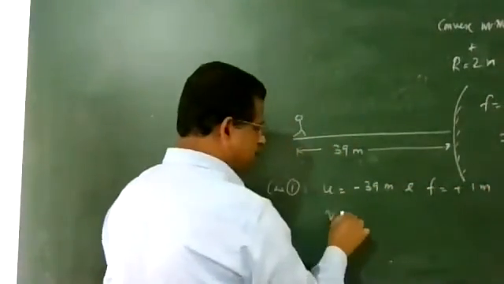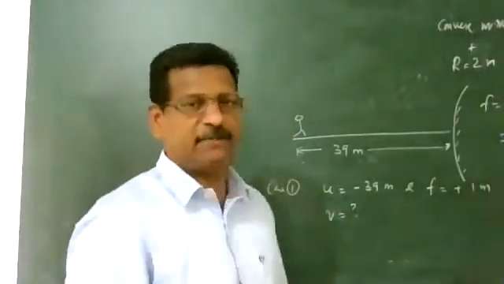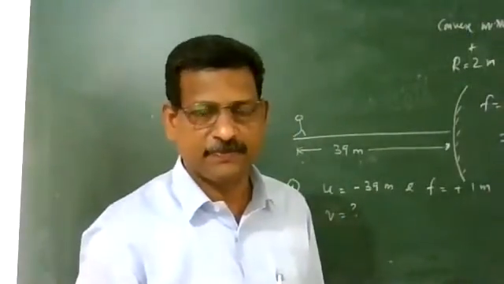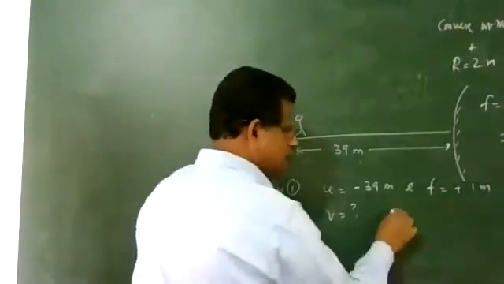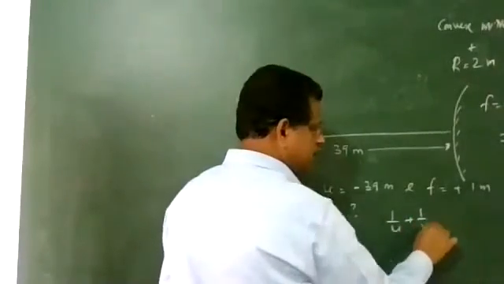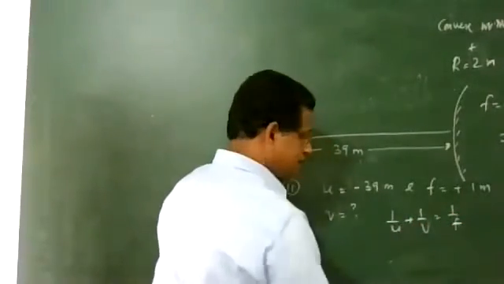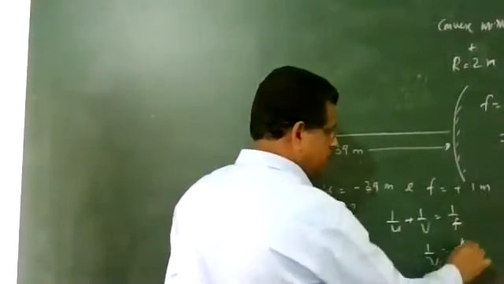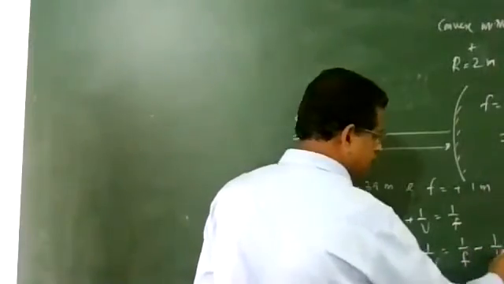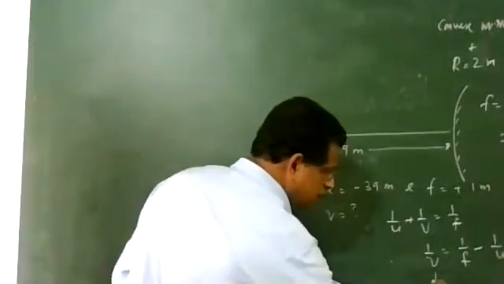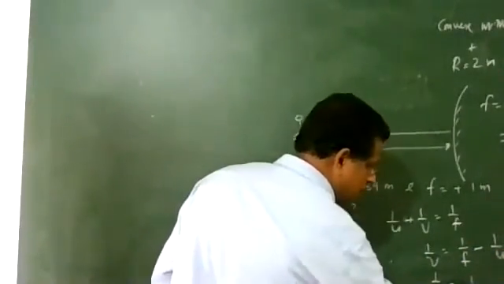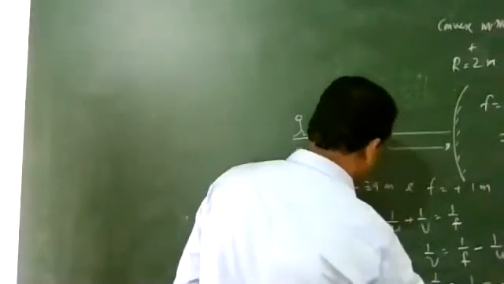Where will the image be formed? Using the equation 1 by u plus 1 by v equals 1 by f, so 1 by v equals 1 by f minus 1 by u. Substituting the values, 1 by v equals 1 upon 1 minus 1 upon minus 39.